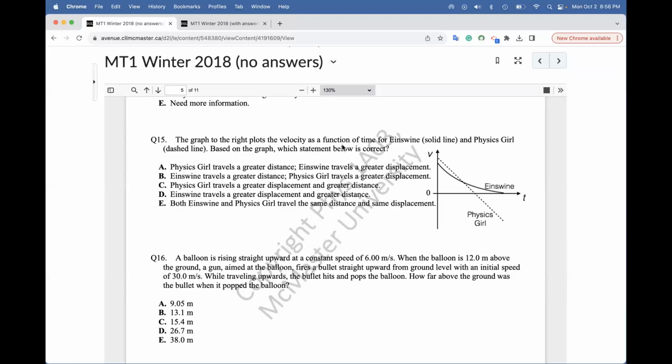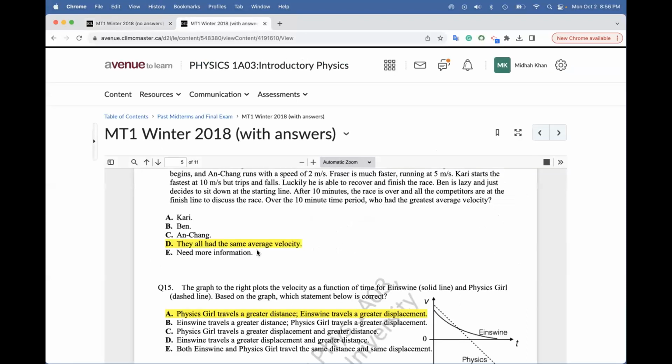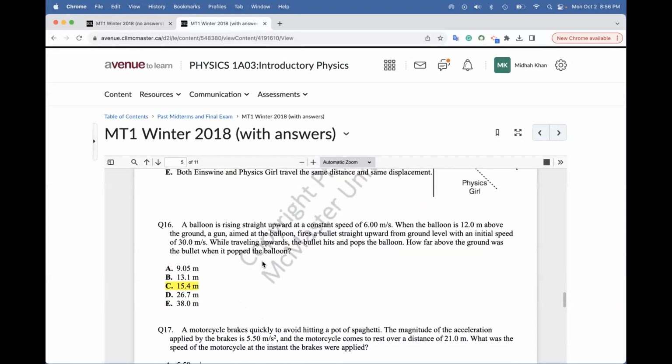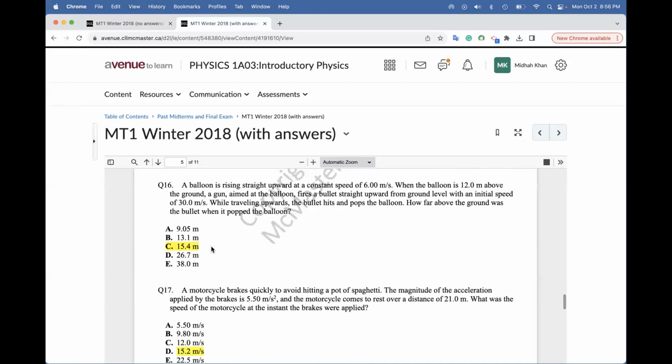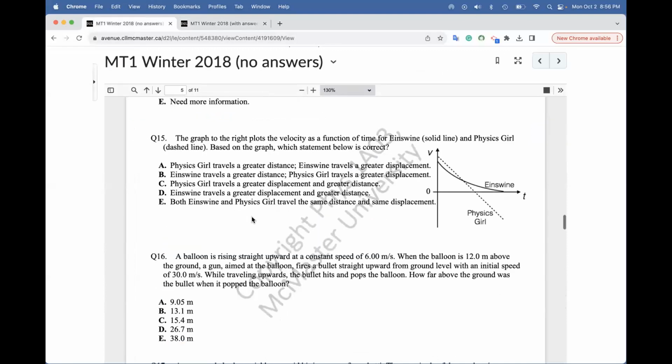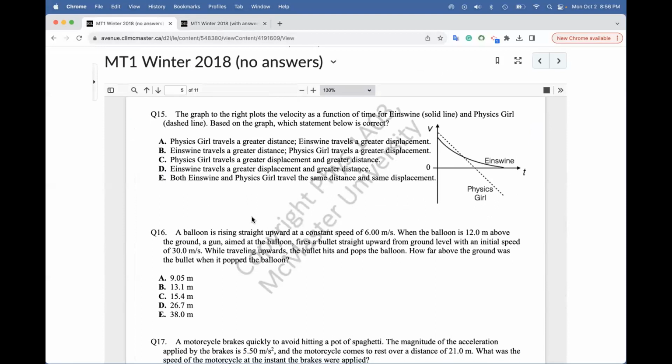The closest answer is 13.1. Okay, so it's wrong. So let's see where we went wrong.